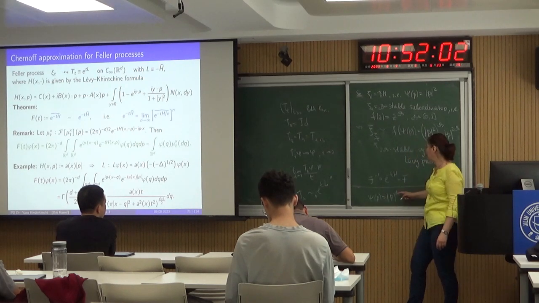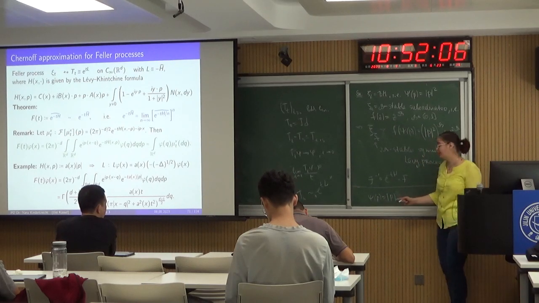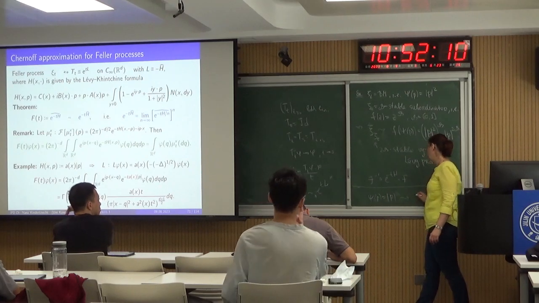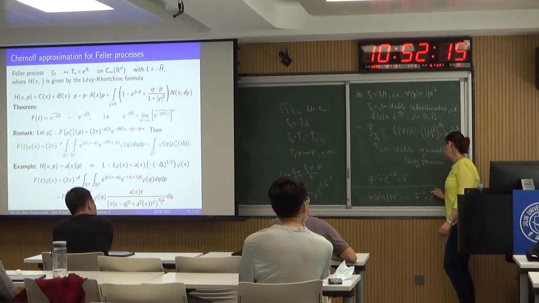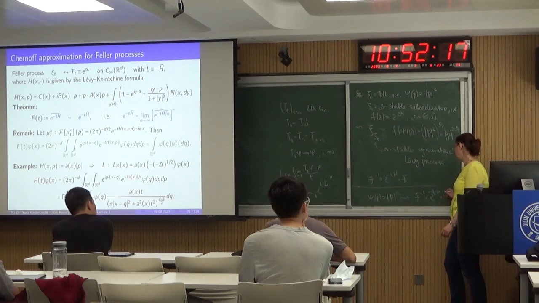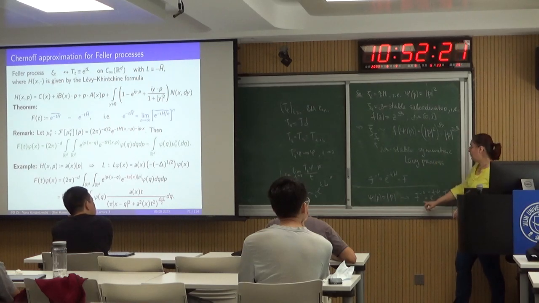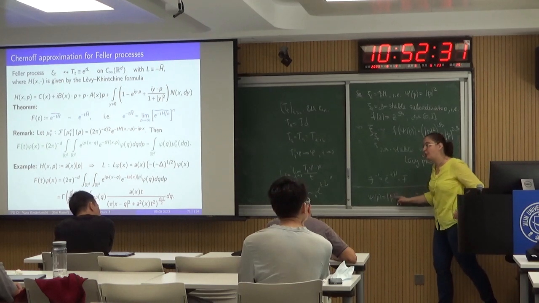So take alpha equal to 1, then I still have a stable Levy process with such symbol. And then the corresponding semigroup has this representation, that is, it has symbol e to the power minus t psi, where psi is just this norm.